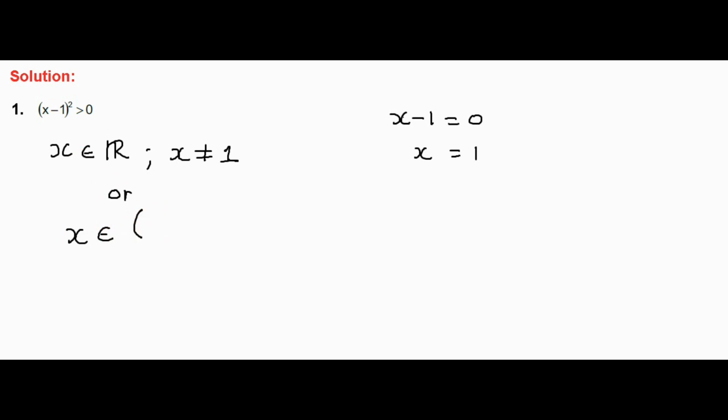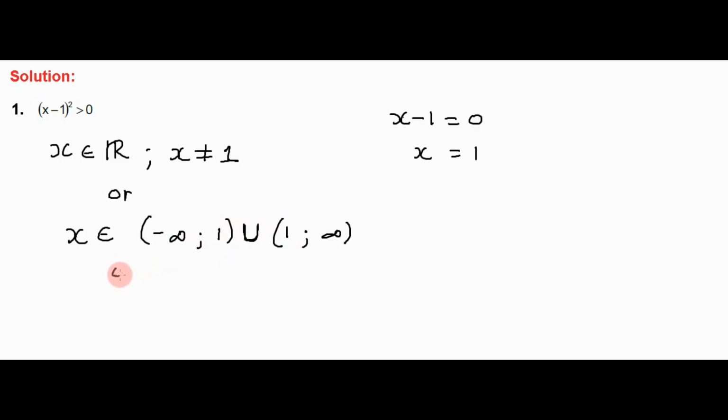The one interval will be from negative infinity to 1, and the other interval will be from 1 to positive infinity. The round brackets, of course, mean that we are excluding 1, and it's a union of these 2 intervals.